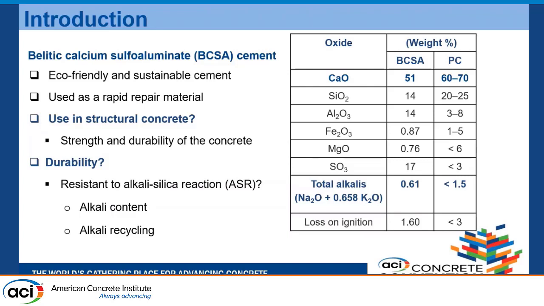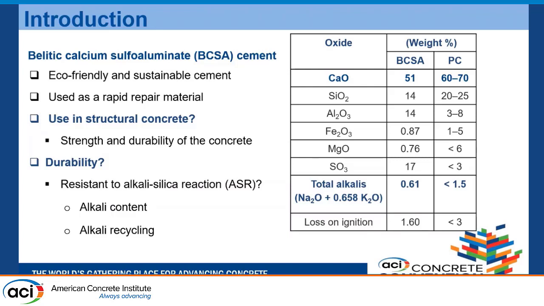The table on the right has a comparison of the oxide composition of BCSA and Portland cement. What we need to look into is the total alkali content. For BCSA, it's less compared to the typical Portland cement composition, which is a good start.